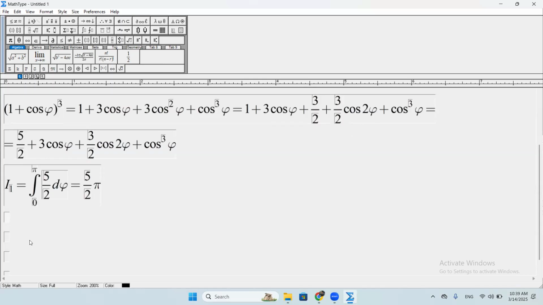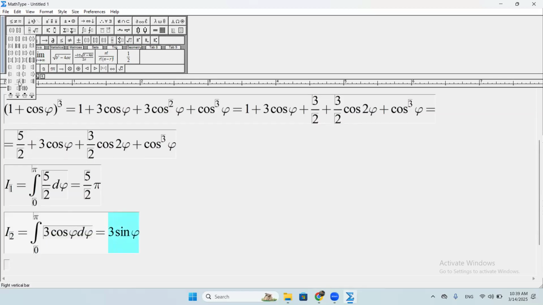Then I2 equals the integral of 3 cosine of phi, so we have 3 sine of phi with the substitutions from 0 to pi, and it will be equal to 0.